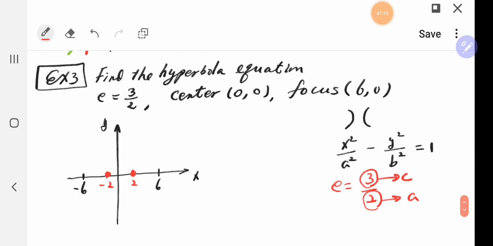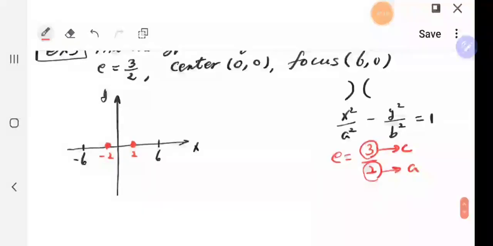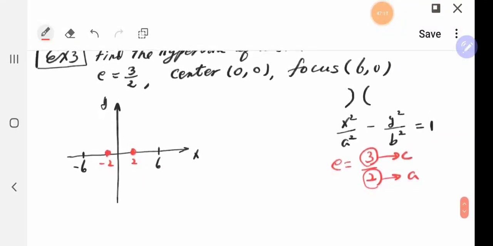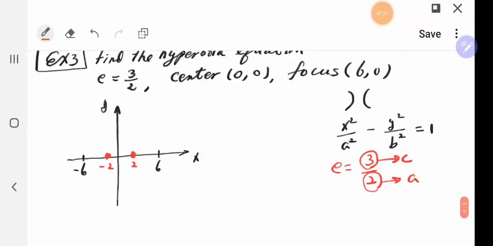Okay, the focus C value is 6, so actually this is not right. If we rewrite it, the focus is 6, and eccentricity is C over A. So the C value is actually 6.